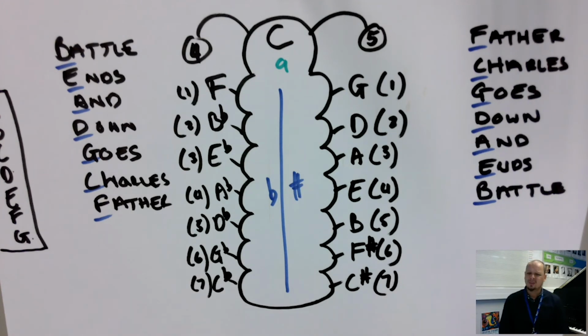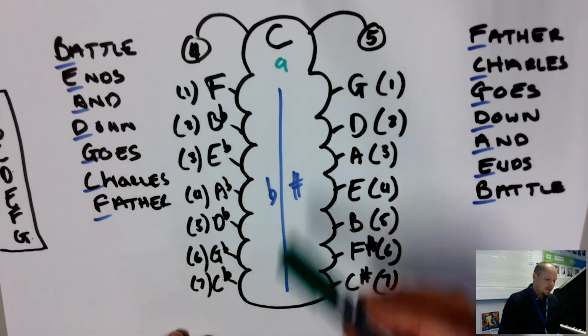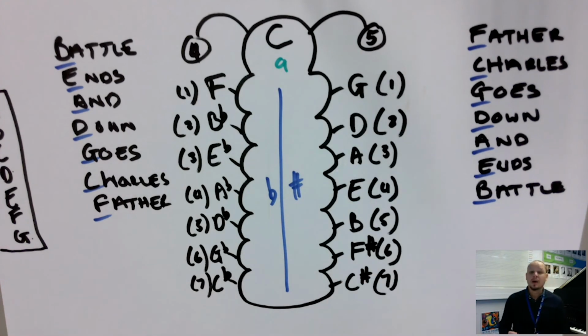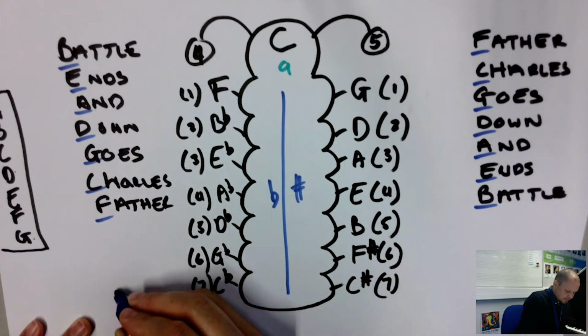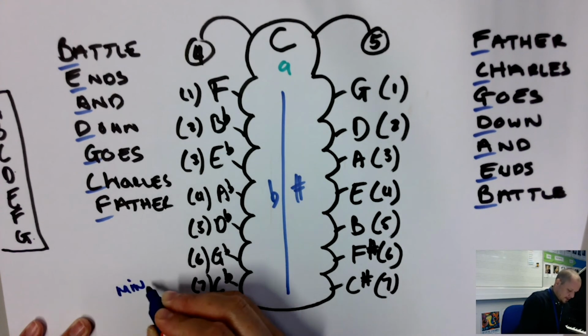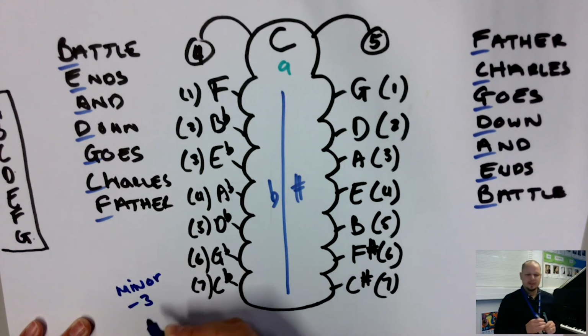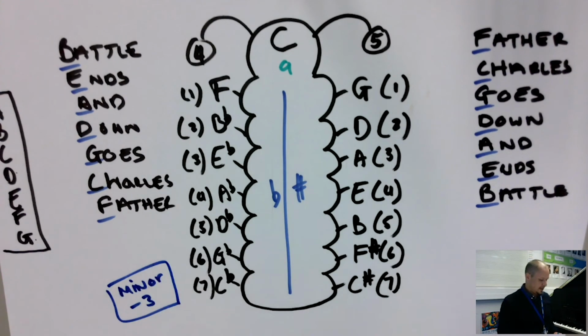And the way to do this is we can count up 5 from A and then it will work out. But I always like to work out your relative minor from your major. And the way you do that is that you will just minus 3. Okay? I'm going to put that in a little box over there at the bottom. So minus 3, that means you count backwards.